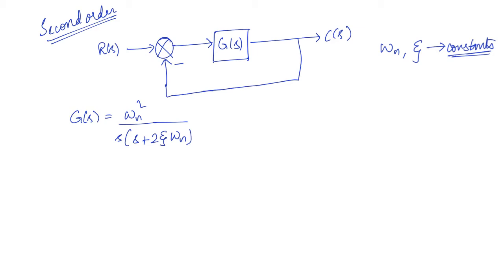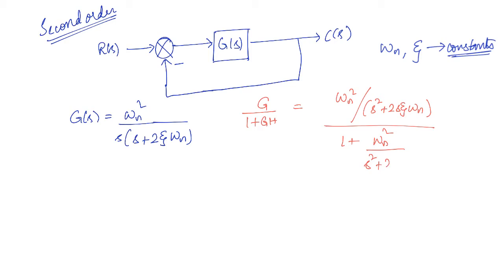Now if you find out the transfer function of this system, we know the transfer function is G by 1 plus GH. So you will get omega n square divided by s into (s square plus 2 zeta omega n s), so we have taken the s inside, divided by 1 plus omega n square by (s square plus 2 s zeta omega n) into 1.